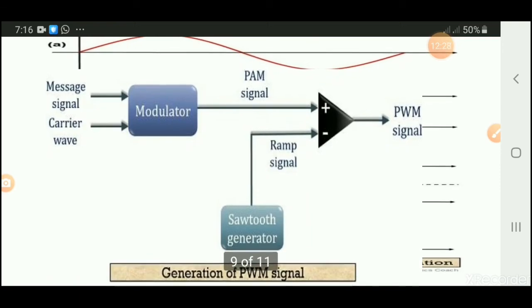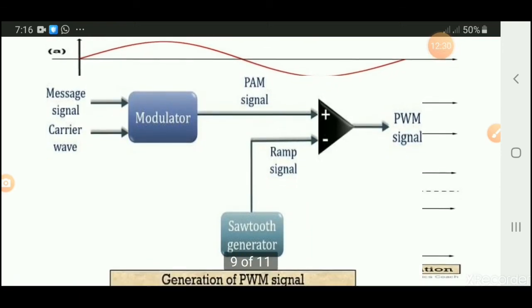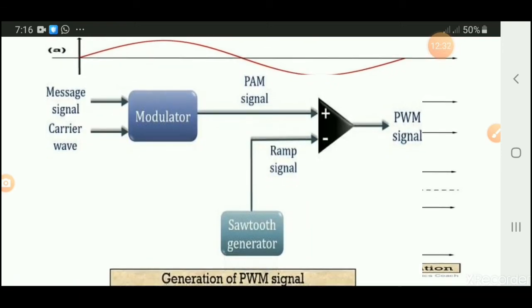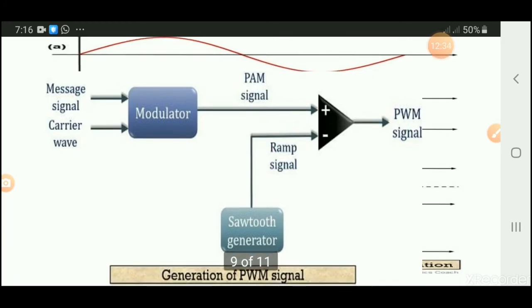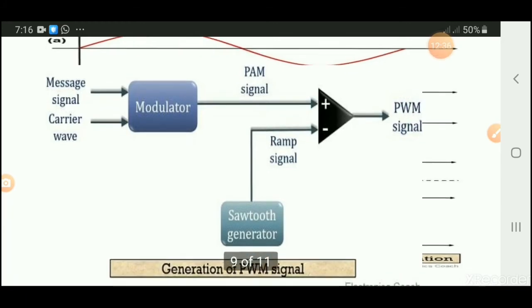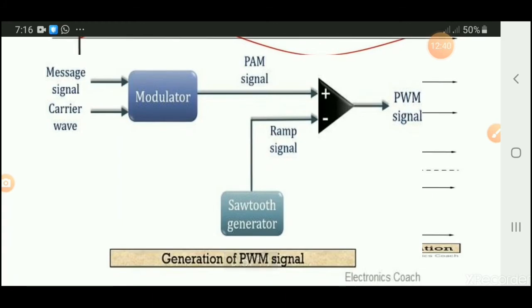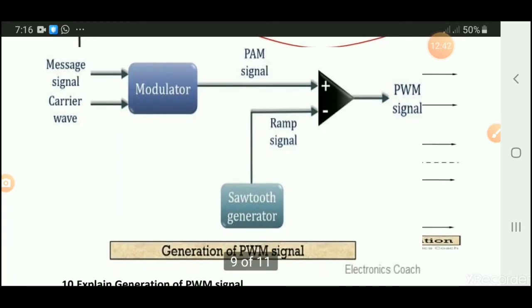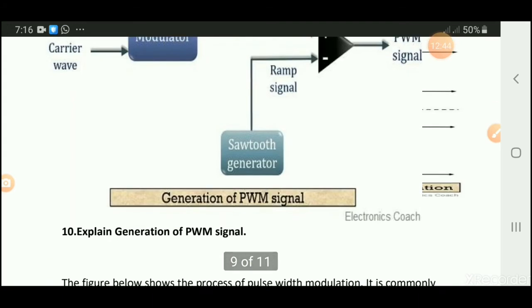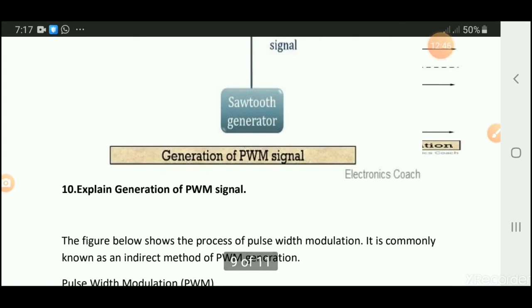The message signal and carrier wave go to the modulator. The output is a PAM signal given to the comparator. Then the sawtooth generator output is given to the negative terminal of the comparator. The output is the PWM signal. Generation of PWM signal.